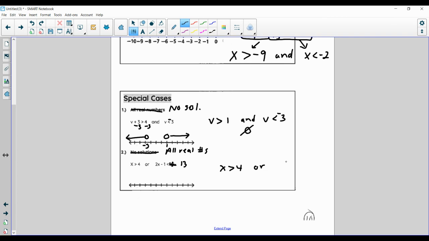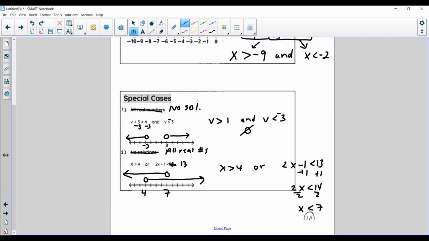There we go. If I solve that inequality, I would add 1 and divide by 2 to both sides. So in this case, I have a number that's either bigger than 4 or less than 7.